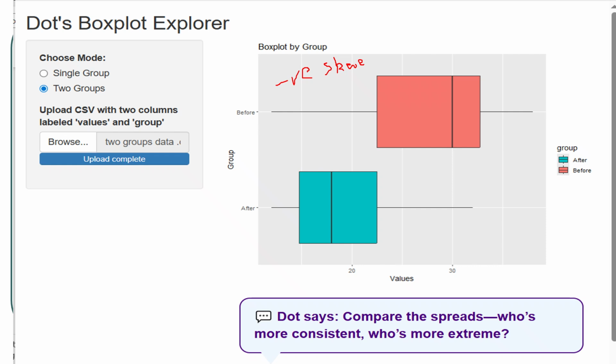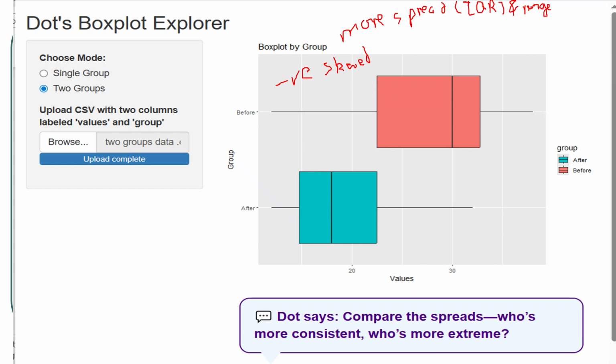So the before hours have more spread in terms of interquartile range, because the length of that box is higher than the second box, and also in terms of the range, maximum minus minimum, it's higher than the maximum minus minimum in that after distribution.